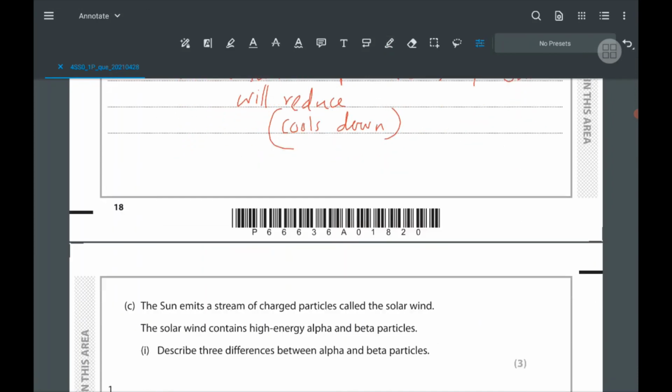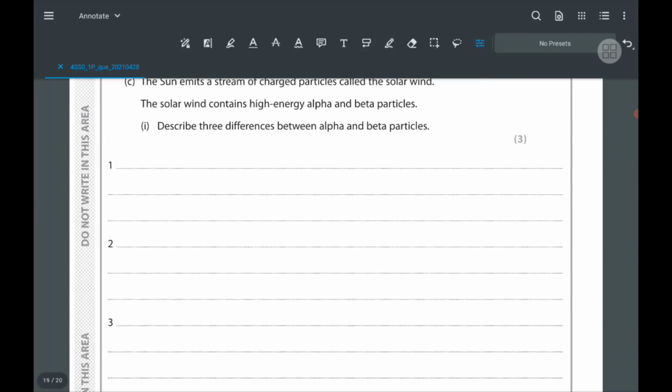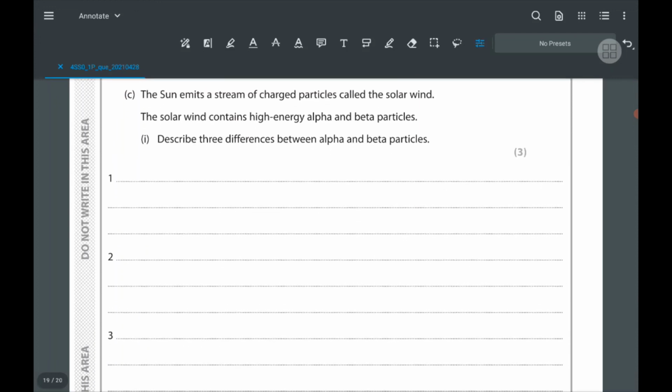Next question. The sun emits a stream of charged particles called solar wind. The solar wind contains high energy alpha and beta particles. Describe 3 differences between alpha and beta particles. If you think about alpha, beta, gamma, obviously all of these are different from each other. First of all, you can talk about the composition. First, beta is negatively charged and alpha is positively charged.